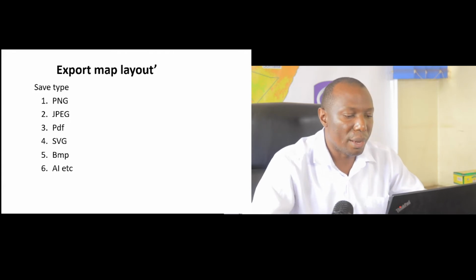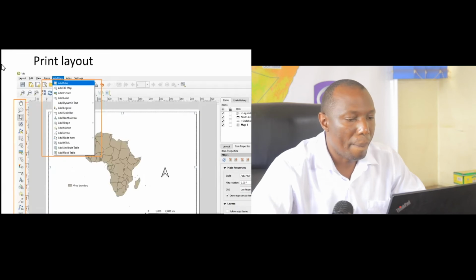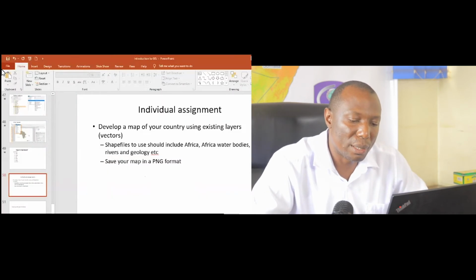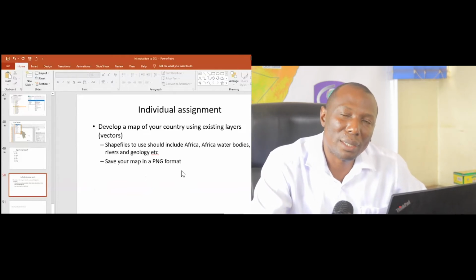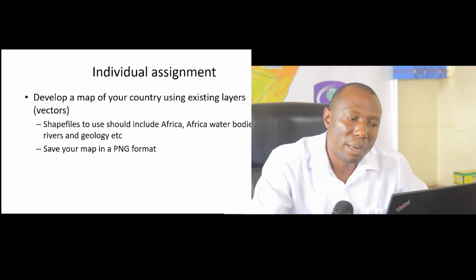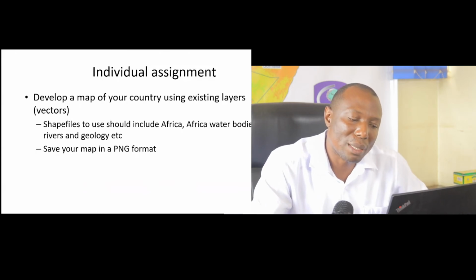I don't know if there are questions so far, but that is the take-home exercise. If you're not very conversant, you start by developing a map of your country first, using the data sets that are in the Google Drive.